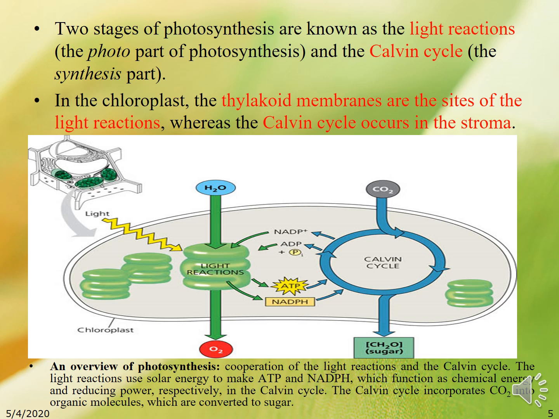Okay, it uses them with CO2 and is able to produce the sugar for the plant's metabolism. And of course, they will be reduced: ATP to ADP plus Pi, and NADPH will be reduced to NADP plus.